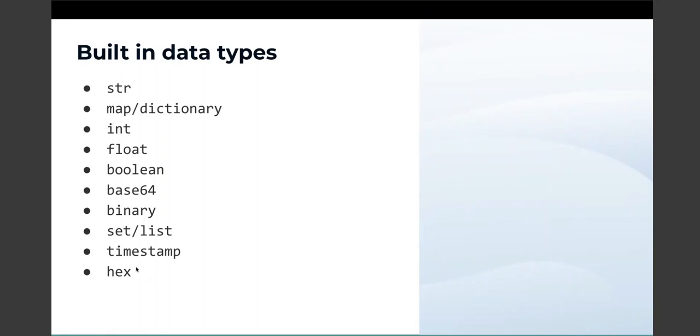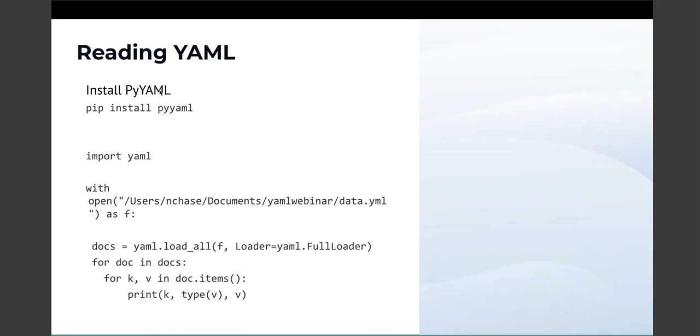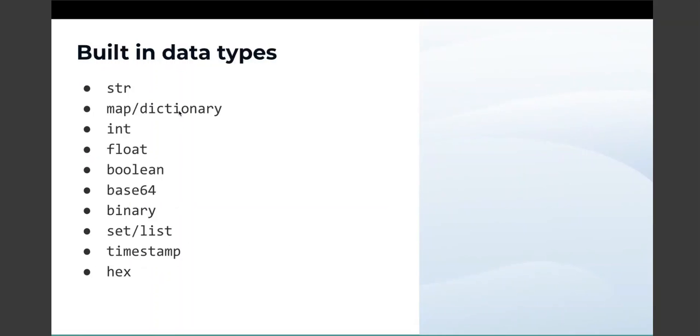Now, here's the thing that you have to understand. The YAML specification defines all these things, which is great. That's terrific. But not every YAML parser is going to support all of these types. So for example, I'm going to use PyYAML in this, and I'll show you how we're going to build that script in a second.